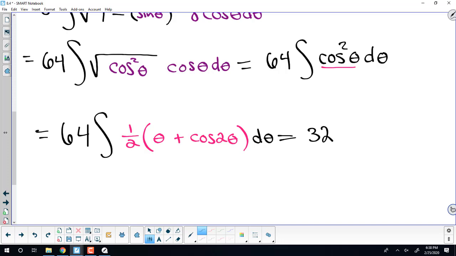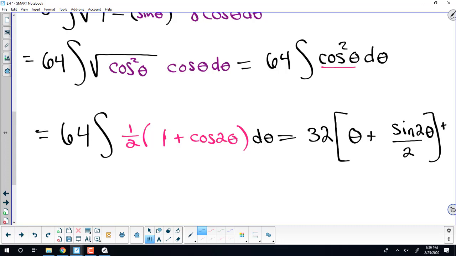Antiderivative of theta. Sorry, that's 1. I got ahead of myself. That's 1 plus cosine 2 theta. My bad. 64 times 1/2. Antiderivative now. Antiderivative of cosine 2 theta is what? Half sine 2 theta. And then we'll just put our constant out here.